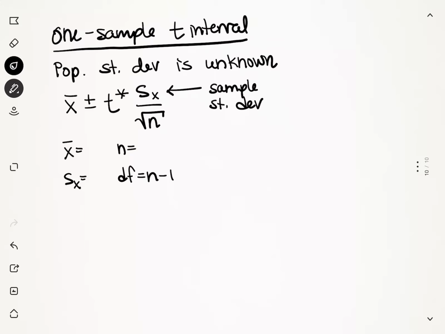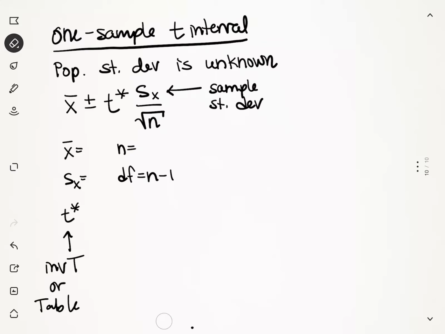So you have to find that first, and then you can find your critical t value, okay? Now, in order to find that critical t value, you can either use an inverse t or you can use the table, okay? And the table will be provided for you on the exam. So whatever you feel more comfortable with there, all right?